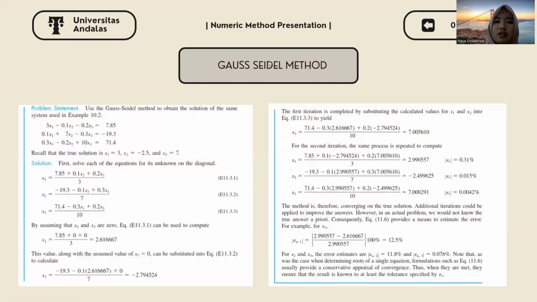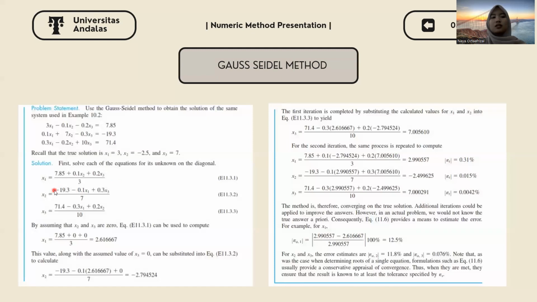And the last is the Gauss-Seidel method. For the Gauss-Seidel method, we still use the same equations, so we can see the difference between the three methods. First, solve each of the equations for its unknown on the diagonal.